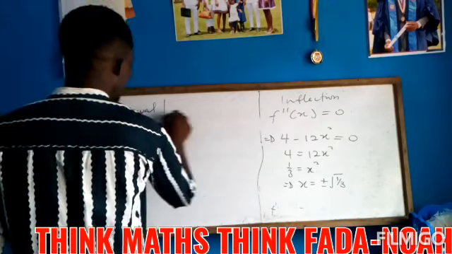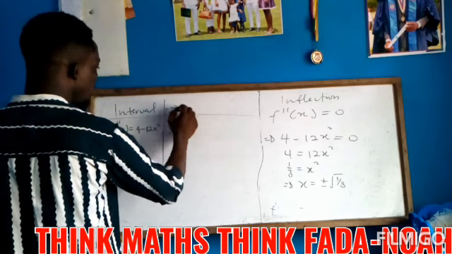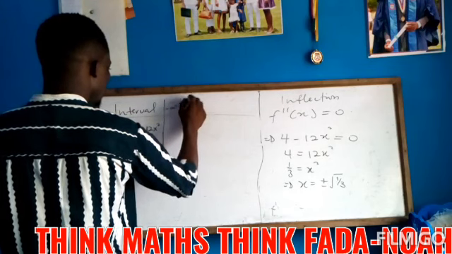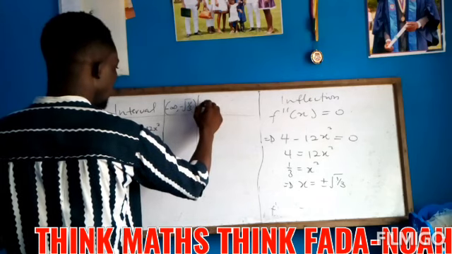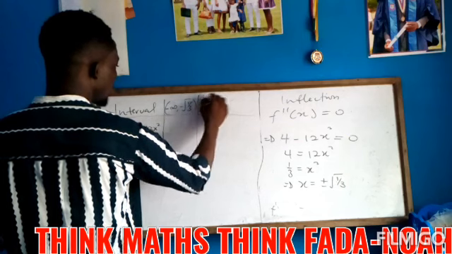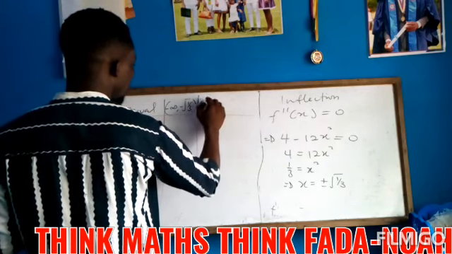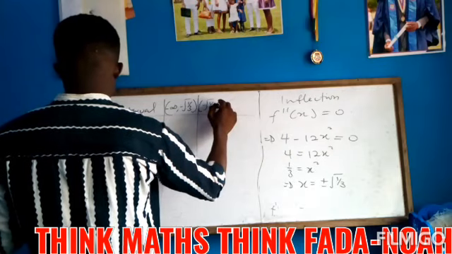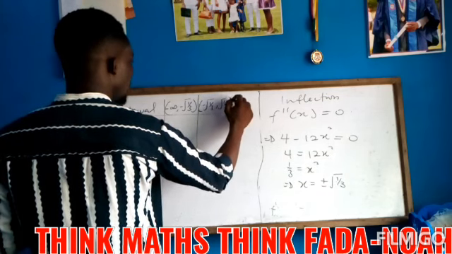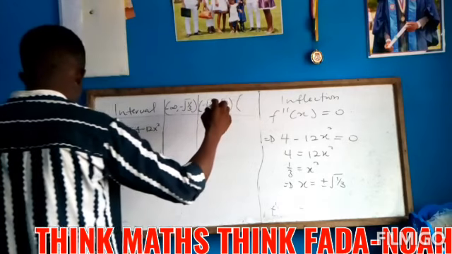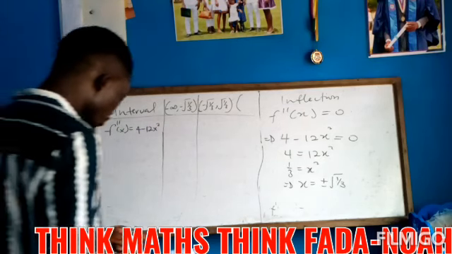For the intervals, we have from minus infinity to minus root 1 over 3, then minus root 1 over 3 to root 1 over 3, and then root 1 over 3 to positive infinity.